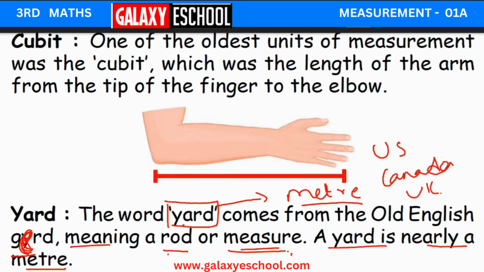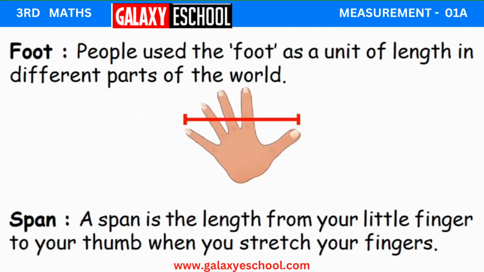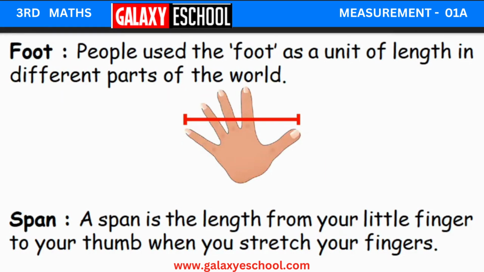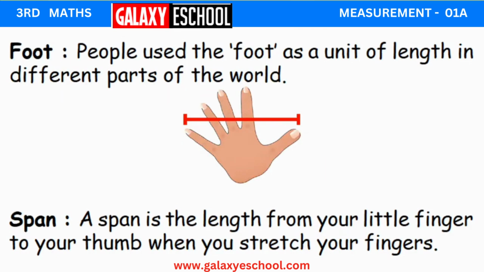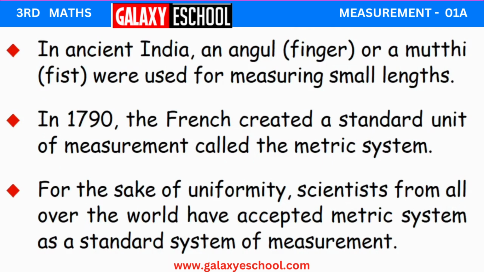Okay children? Now these are the different ancient measurements used. What were they? Foot. Yes, foot. Then we have span. After that we have cubit, and then we have yard. Now in ancient India, an angle, finger, or muthi, fist, were used for measuring small lengths.